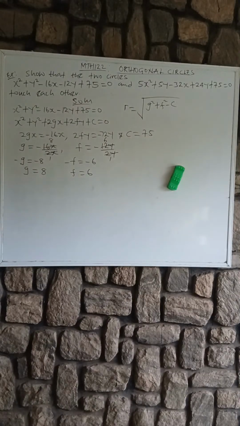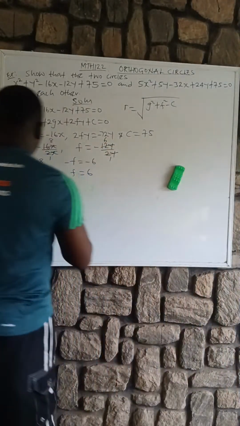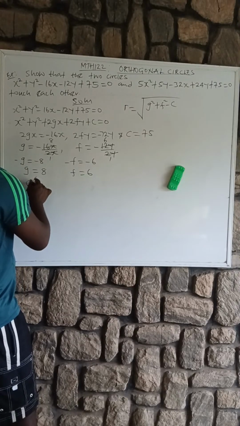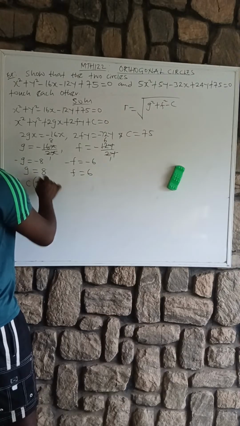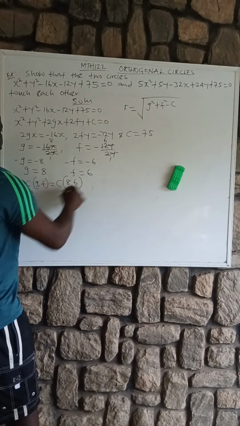So if you agree with me, it means the center C, that is (-g, -f), is equals to (8, 6).